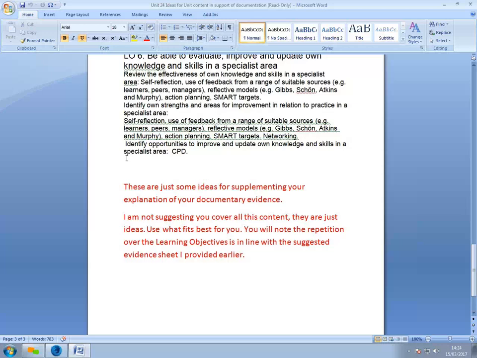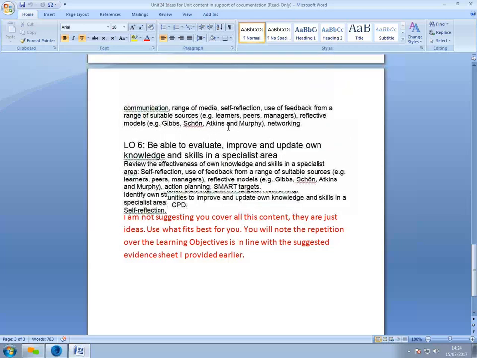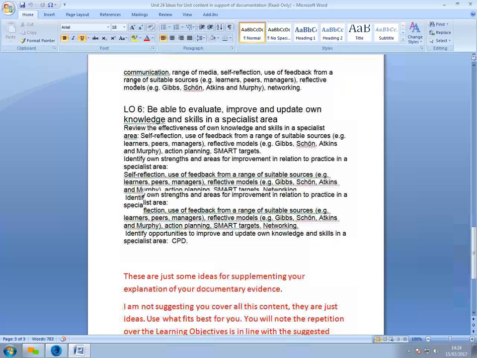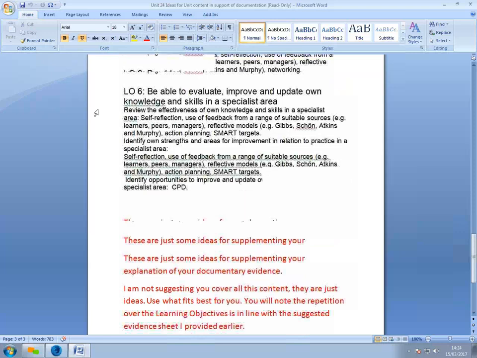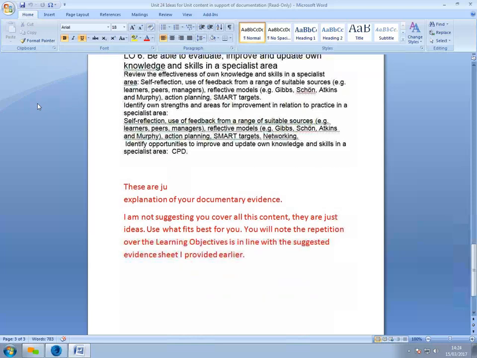Because of that repetition, I've sort of doctored this information that I got from another source. But again, you'll notice the repeats in it, and that is because it has been written specific to this unit. And as you know, you're covering 9 units altogether.